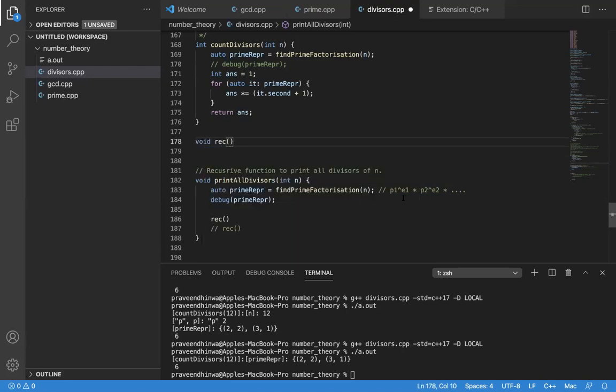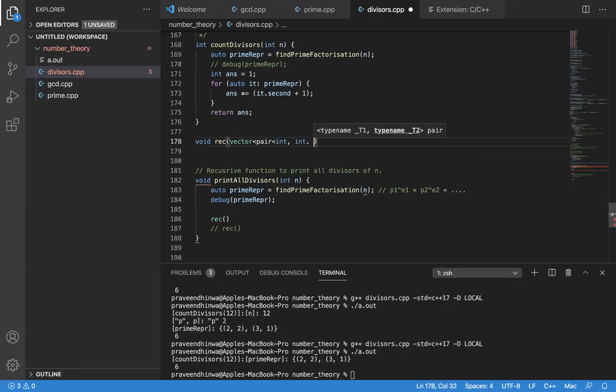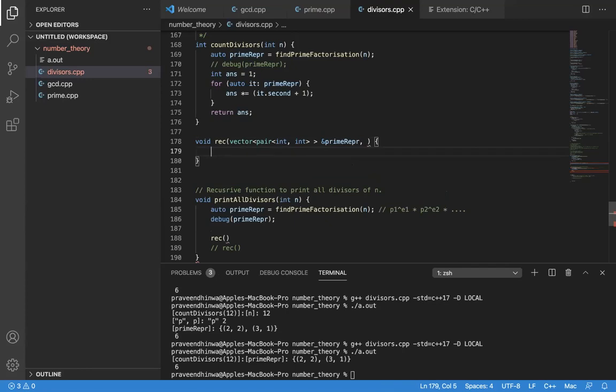In recursion, I'm going to pass this array. This is a vector of pair of int comma int. I'm going to pass a reference to this. Let's call it prime rep. What other parameters should I pass in recursion? I should pass at which position I am. And what is the number that I have generated?